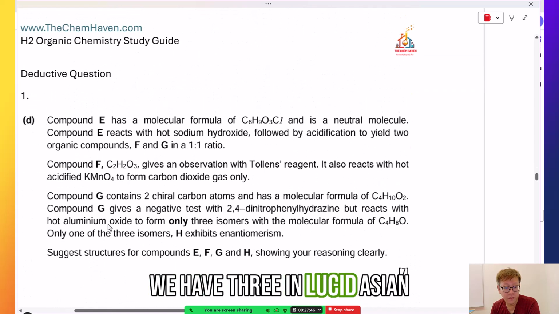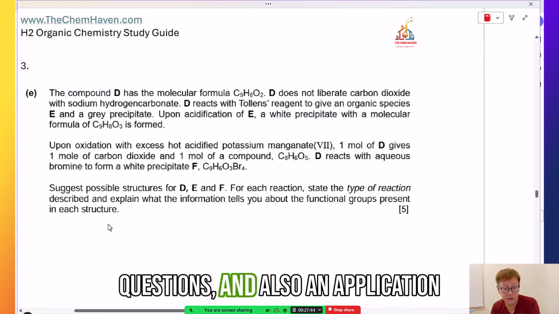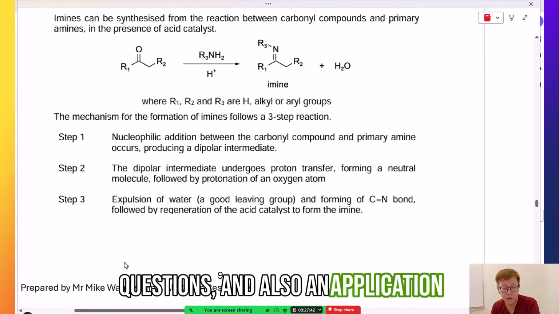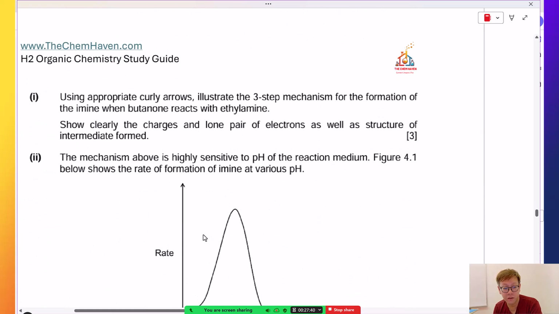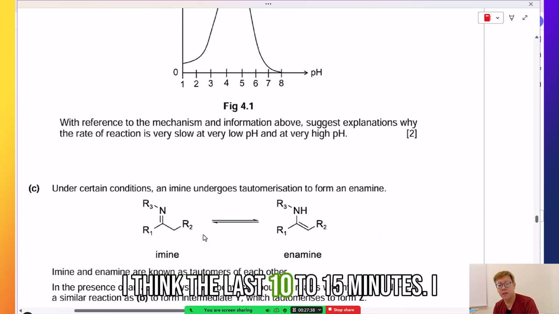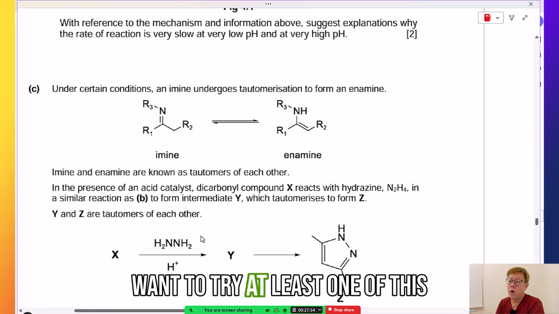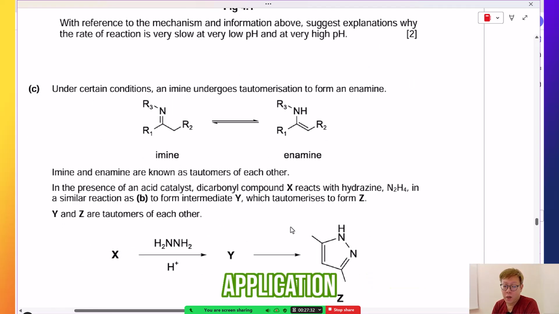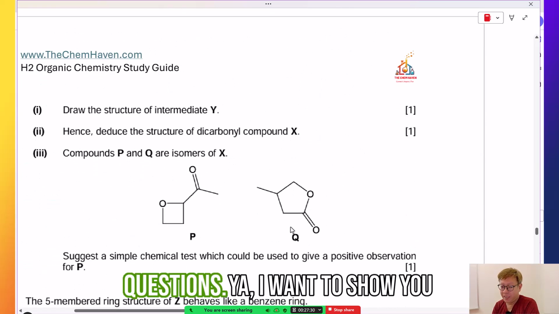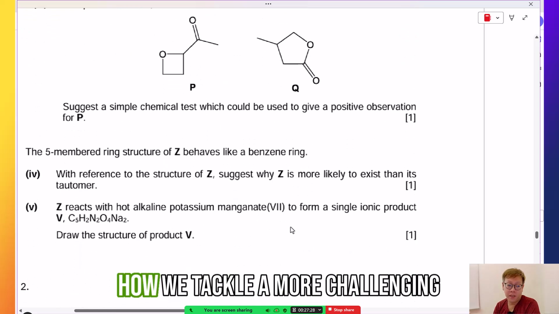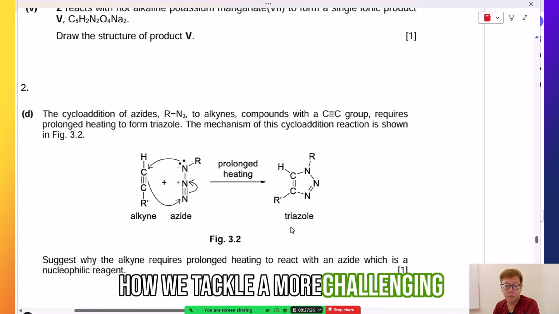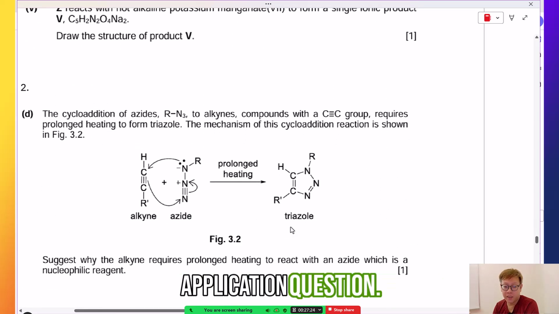We have 3 elucidation questions and also an application question. So for the last 10 to 15 minutes, I want to try at least one of these application questions. Can? I want to show you how we tackle a more challenging application question.